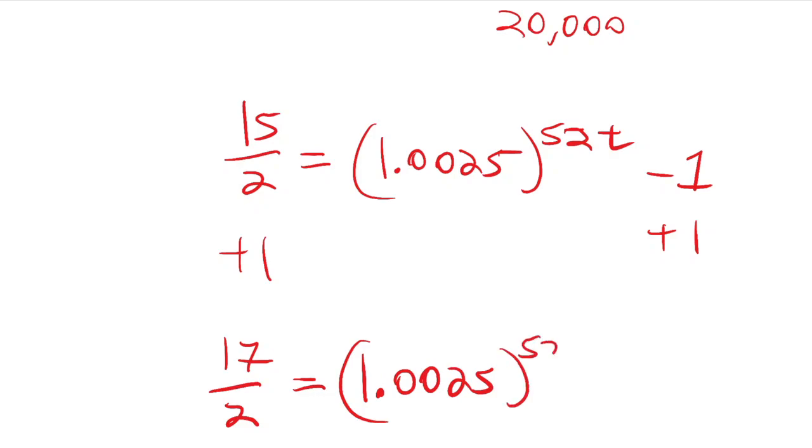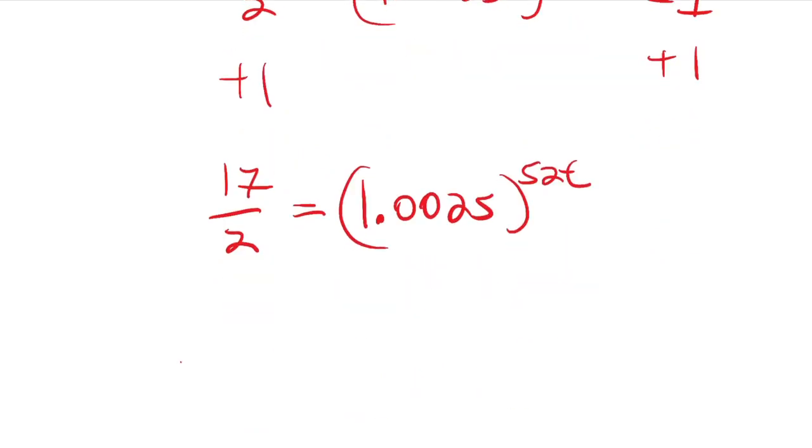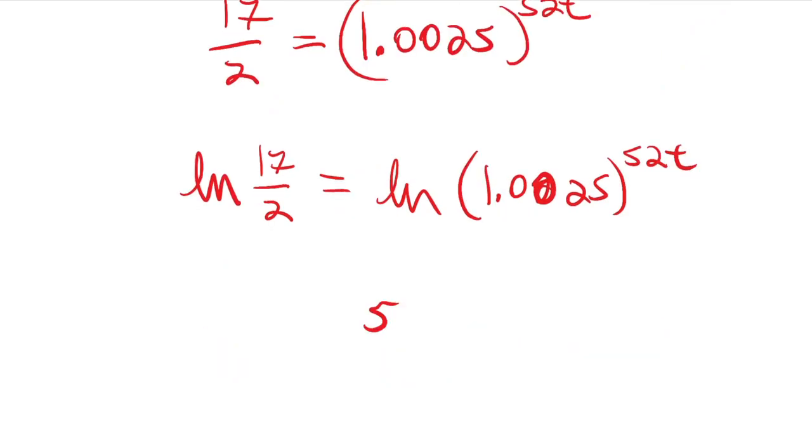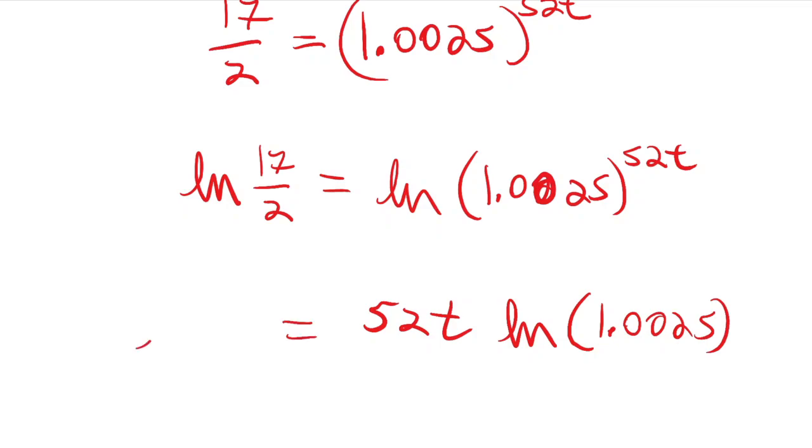Then we take the natural log of both sides. The ln of 17 over 2 is equal to the ln of 1.0025 to the 52t, which allows us to bring down the exponent. So 52t times the natural log of 1.0025 is equal to the natural log of 17 over 2.